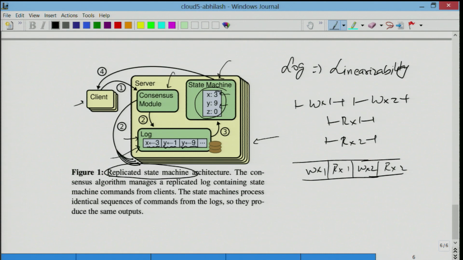So things are running through the log. Because we are replicating the log, we have linearizability. Because something comes into the log only between start and stop time, between request and response, and therefore we get a linear order among the requests. Any questions?